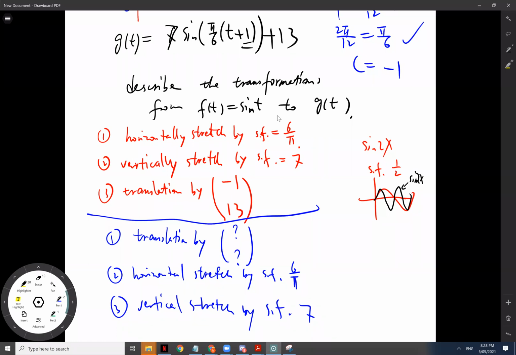We're doing the same question. I just try to ask higher level people, if I put the stretch at the end, do you need to change the translation?